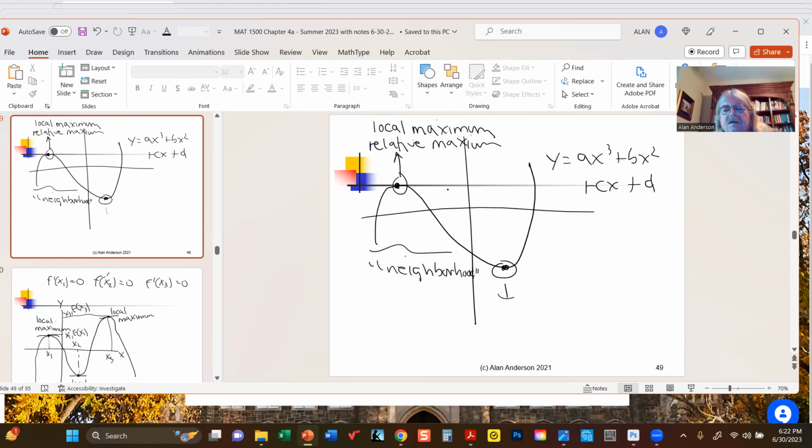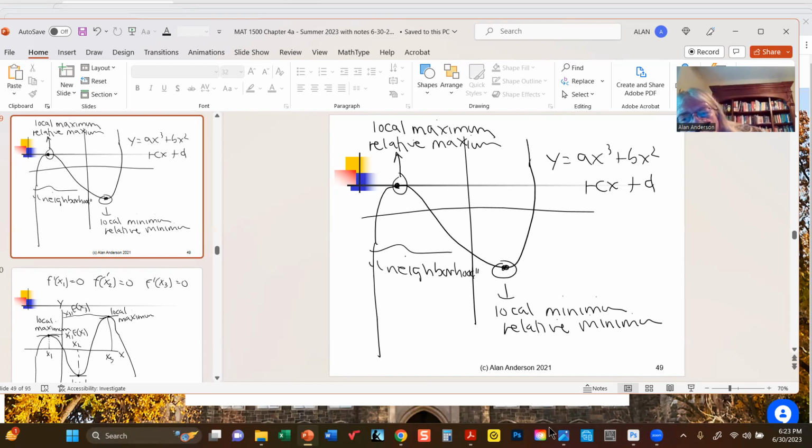So this one, the same exact reasoning, is called a local minimum or a relative minimum. Because it may not be, in fact, I didn't draw it. If you kept drawing this down, you can see it will eventually fall below this point. And the same thing here. So it's only a maximum or minimum within a certain range of x values. But that's also important information.